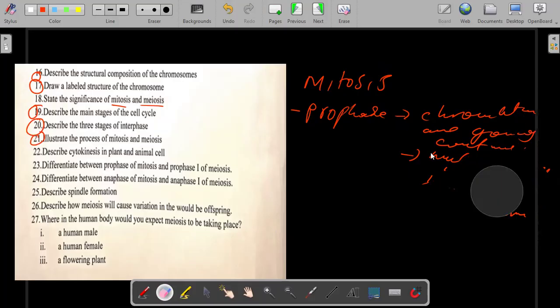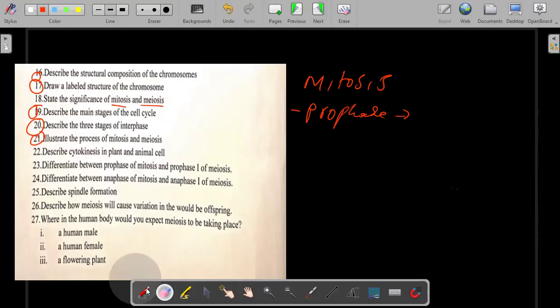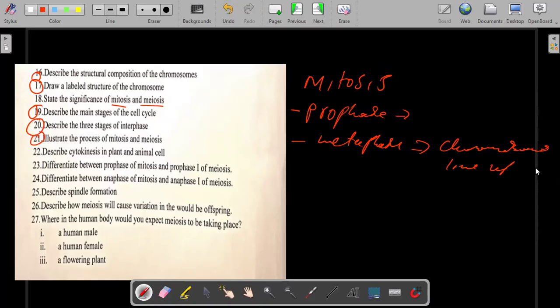Okay, so from prophase, the next stage is going to be metaphase. So metaphase, that's where you're going to have your chromosomes align at the equator, or at the center.